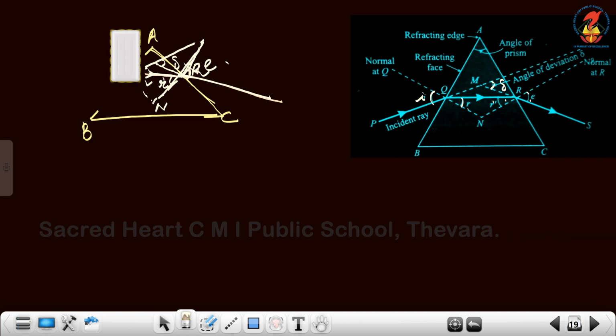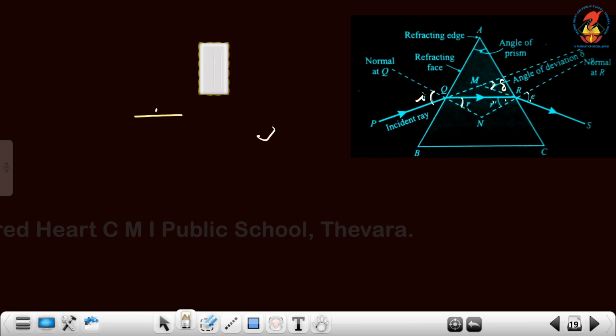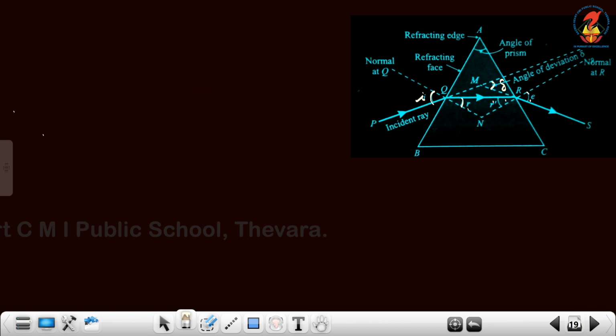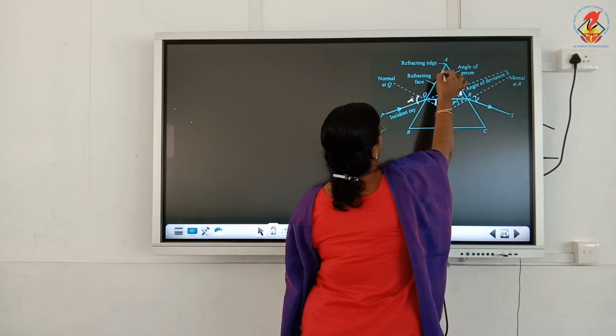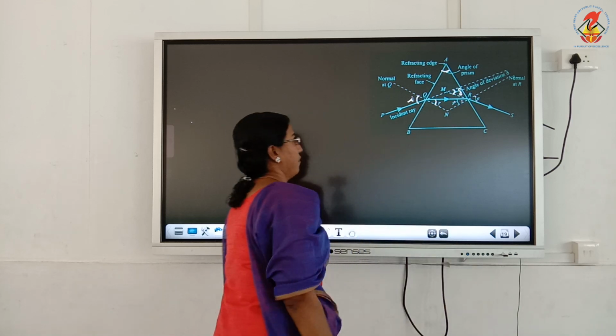Okay. Now we are going to derive the relation between angle of incidence, angle of emergence, angle of the prism, and also angle of deviation. This is the angle of prism, taken as A itself.